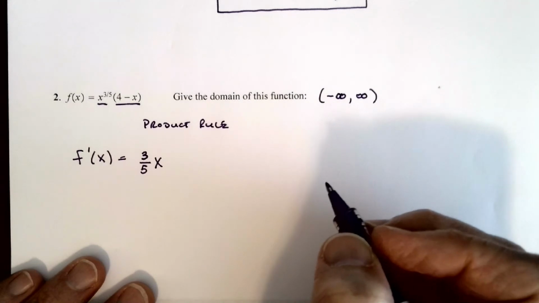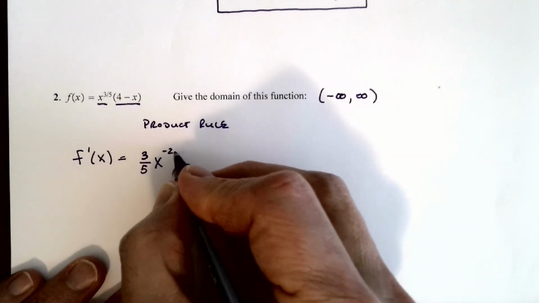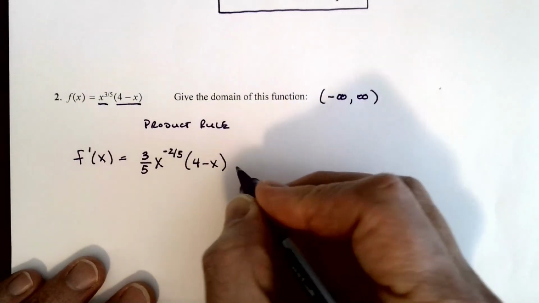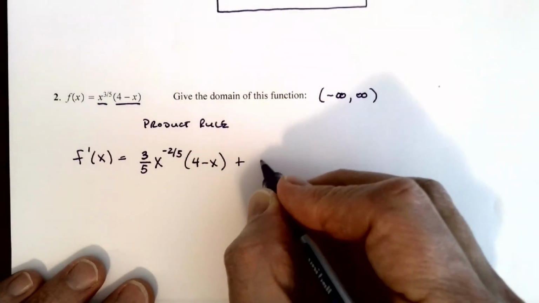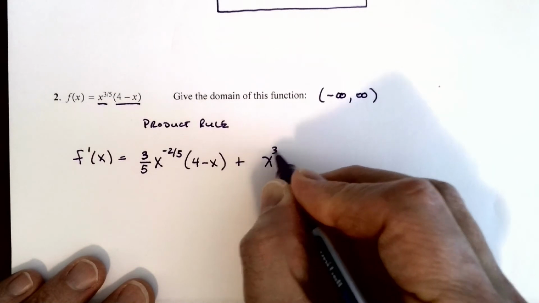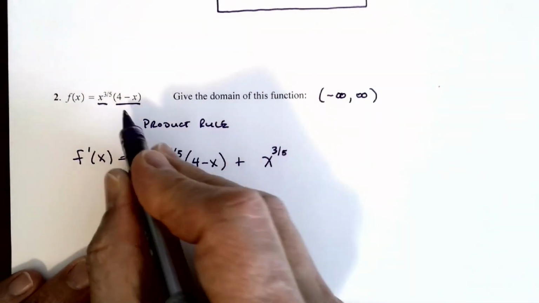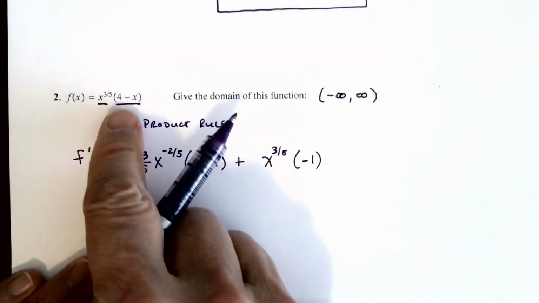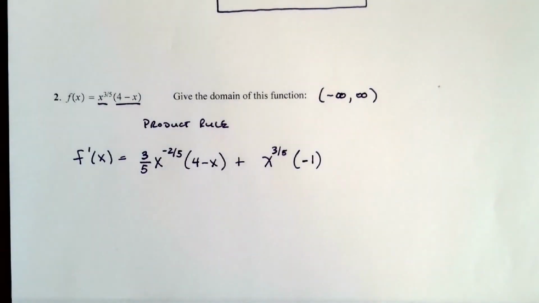Subtract 1 from 3/5, it's negative 2/5, times 4 minus x, plus x to the 3/5 times the derivative of 4 minus x, which is negative 1. The derivative of 4 is 0, the derivative of x is 1, so 0 minus 1 is negative 1.